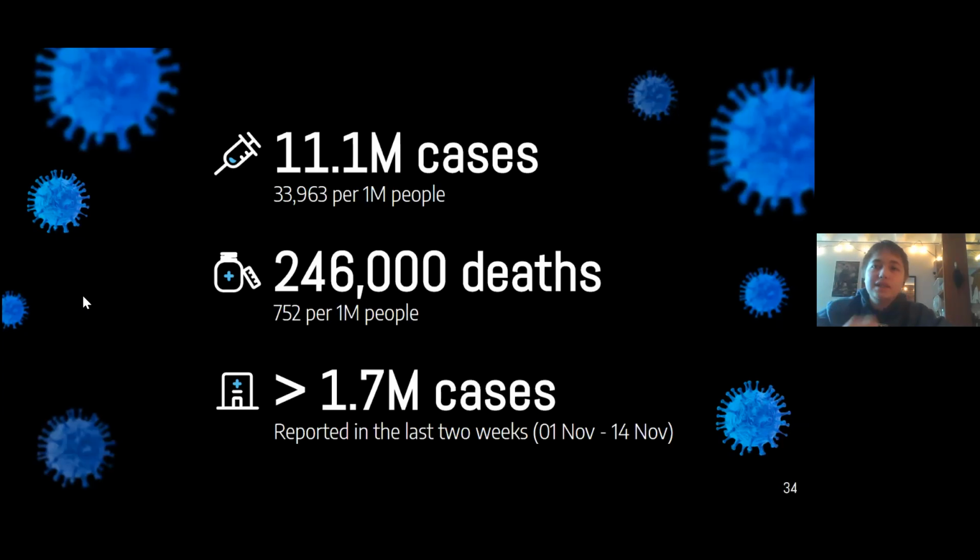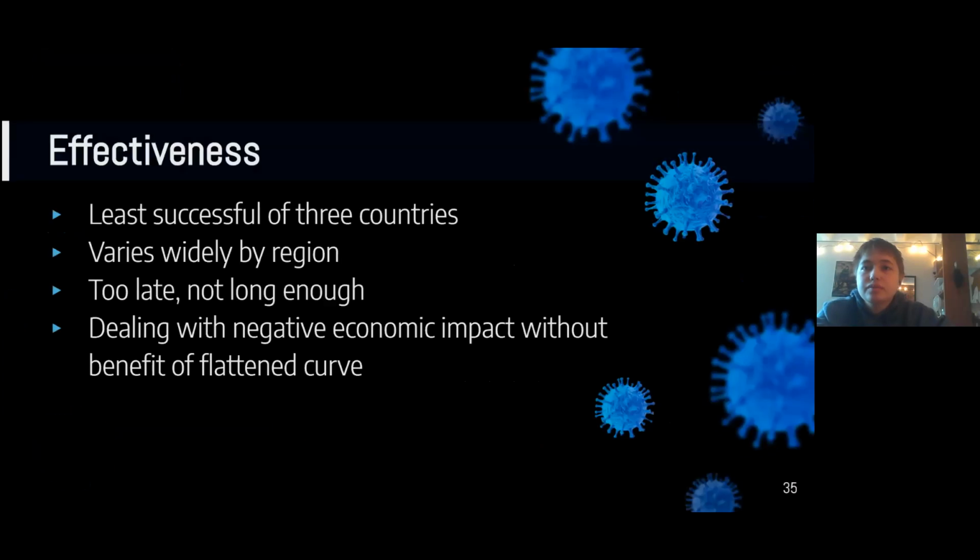So overall, we can see the US has 11.1 million cases, which is 33,000 per 1 million people, 246,000 deaths, which is 752 per 1 million people, and has had over 1.7 million cases in the past 2 weeks, which again suggests that though lockdowns could have mitigated the first surge of cases in March, it hasn't prevented any further cases.